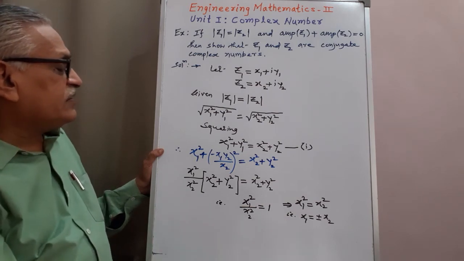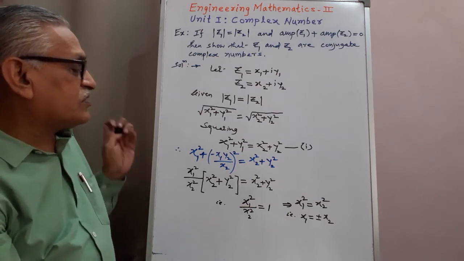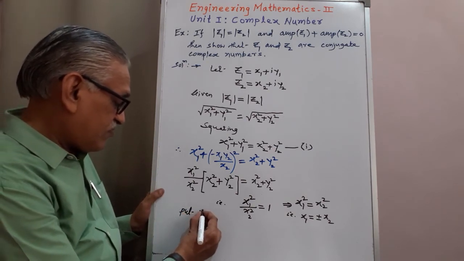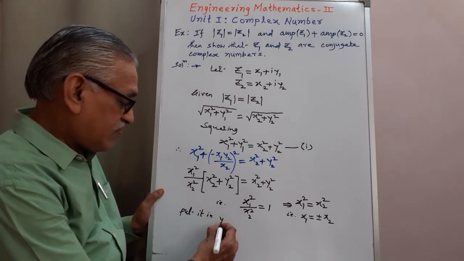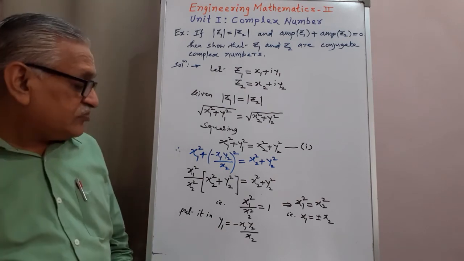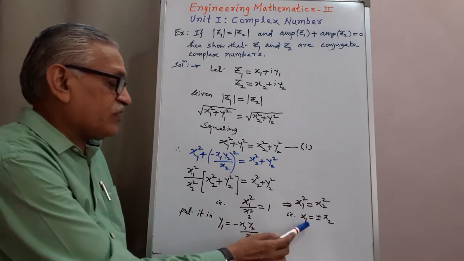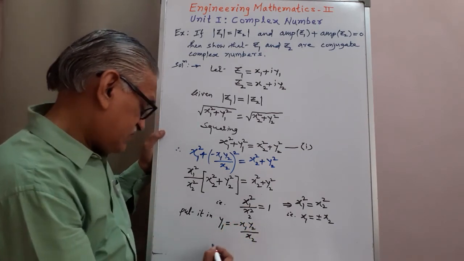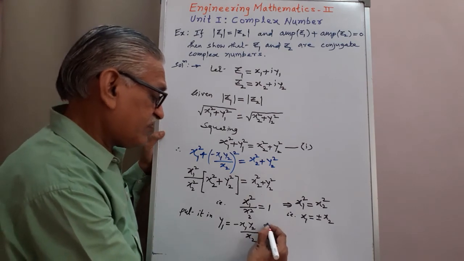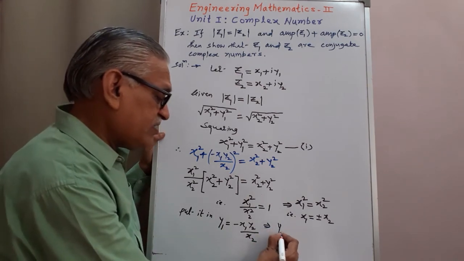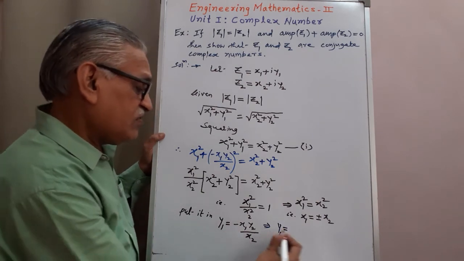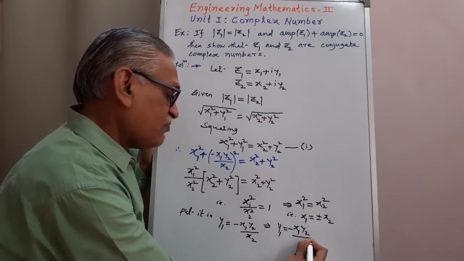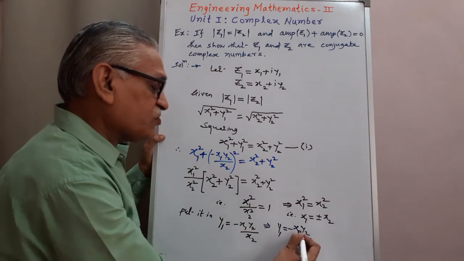Substituting that value in equation 2, it implies y1 is equal to minus x1 y2 upon x2, and the value of x2 is x1.